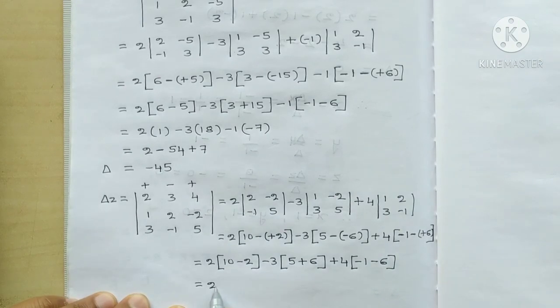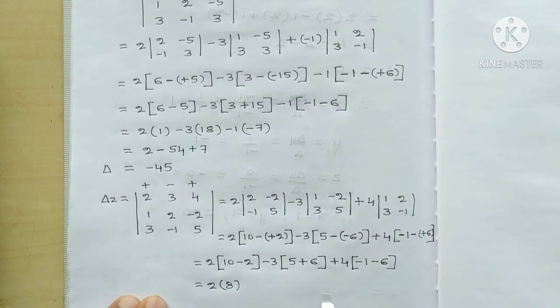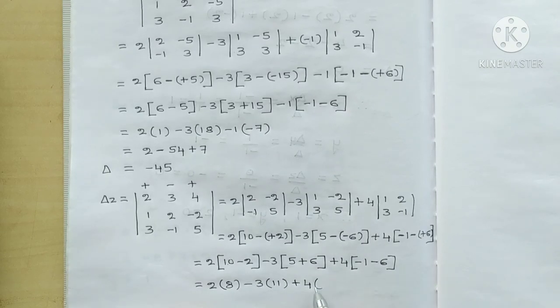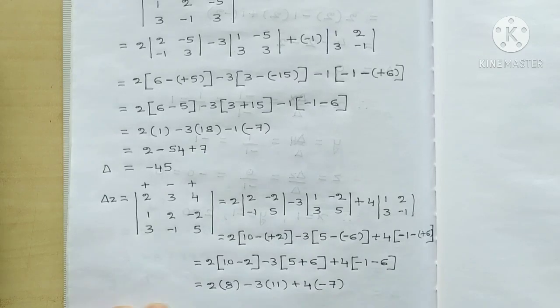So which is equals to 2 into bracket, 10 minus 2 is 8. Minus 3 into bracket, 5 plus 6 is 11. Plus 4 into bracket, minus 1 minus 6 is minus 7.